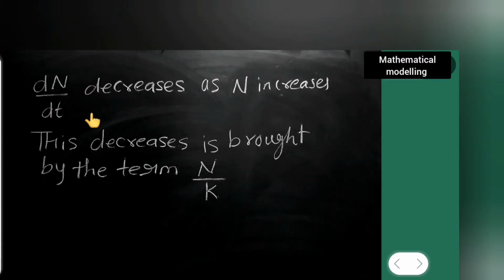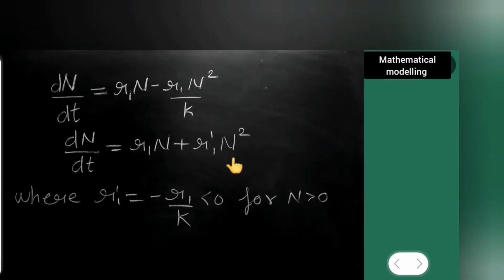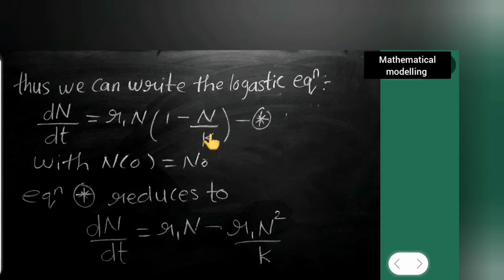Next, dn upon dt decreases as n increases. This decrease is brought by the term n upon k.